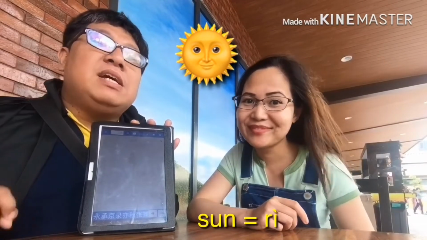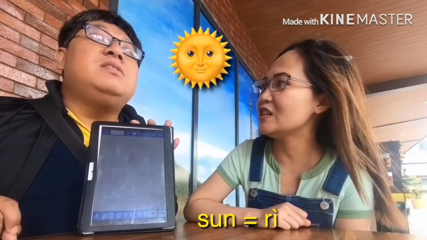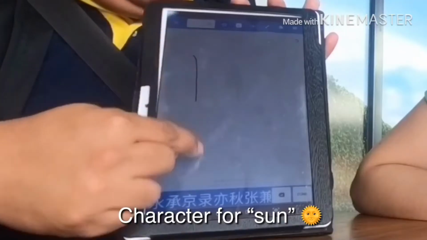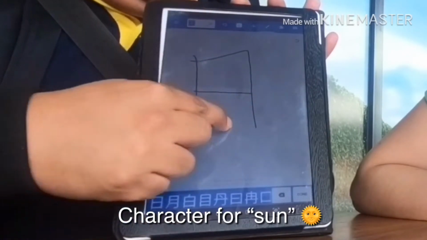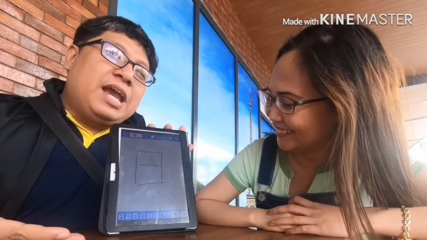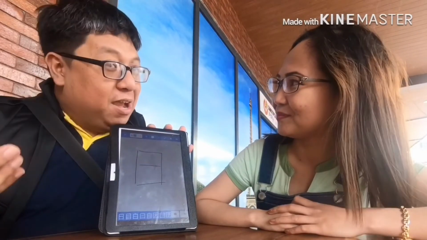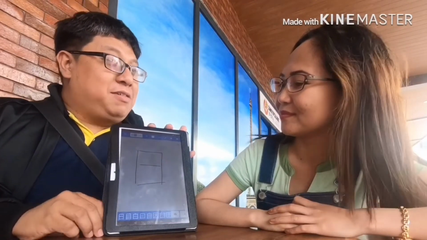So, for example, in Mandarin, sun is ri. It is written as 1, 2, 3, 4. This is the character for sun, and if you use a little of your imagination, it looks like a sun.